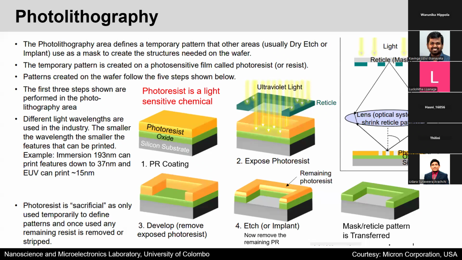So when it is exposed to ultraviolet or another light with a particular wavelength, it goes through a chemical reaction, and when you put this entire thing into a chemical bath, it removes the exposed photoresist, because the exposed areas have undergone a chemical change. The other areas remain with photoresist.